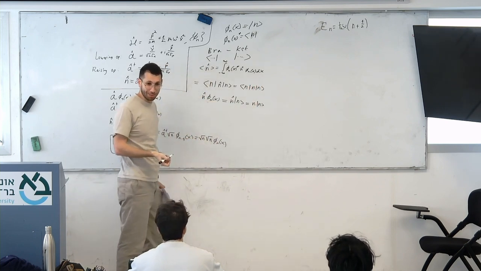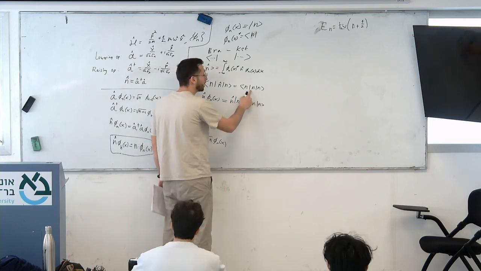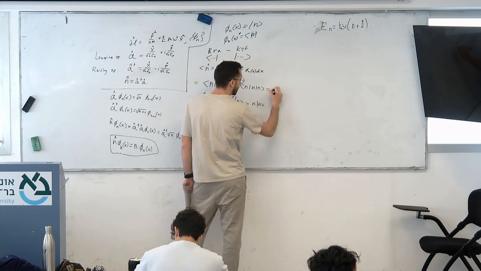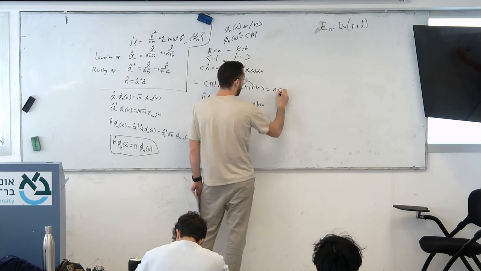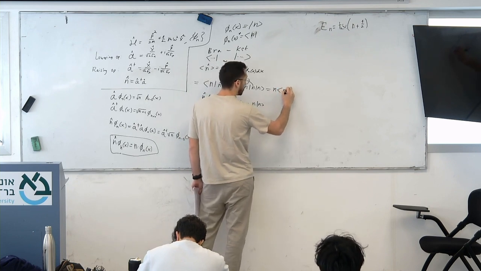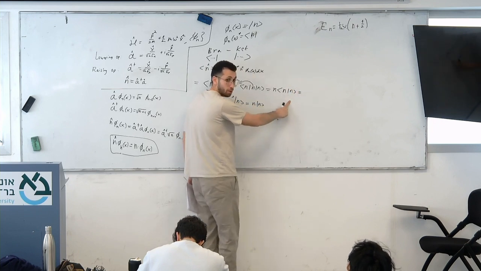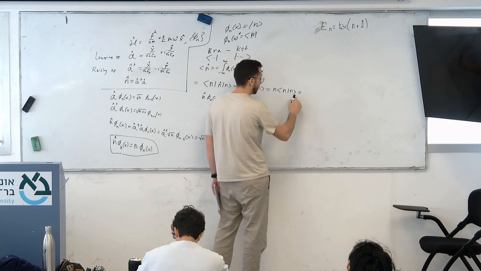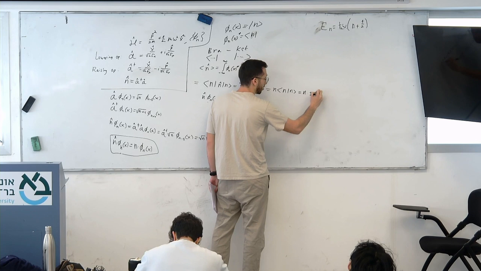This is a bit confusing. Here it's a state in bra, here is a state in ket, here is a scalar. So I can take this outside, and I have the scalar n times bra n, ket n, which from orthonormality, for normalization, is equal to n times 1.